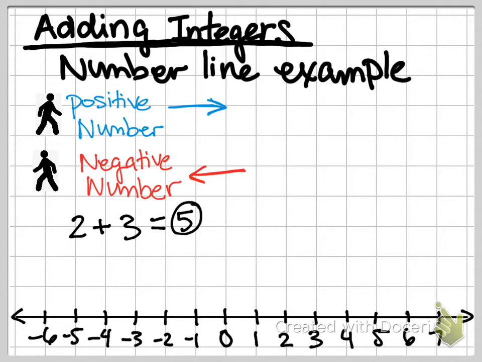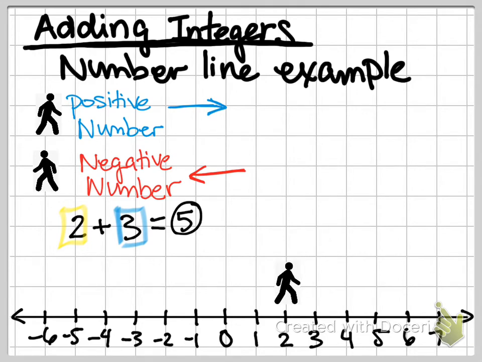The first number right here, this 2, this is always going to be where the person starts. The second number is going to tell us what direction the person is facing. So like we talked about before, the positive number is going to tell us that the person is facing to the right. So I'm just going to copy that positive number person, and I'm going to paste him right above the 2.